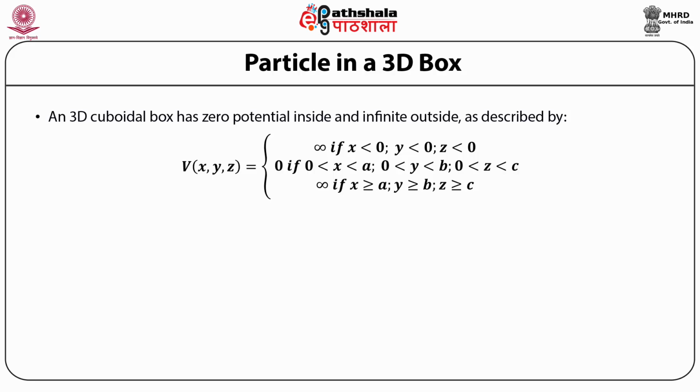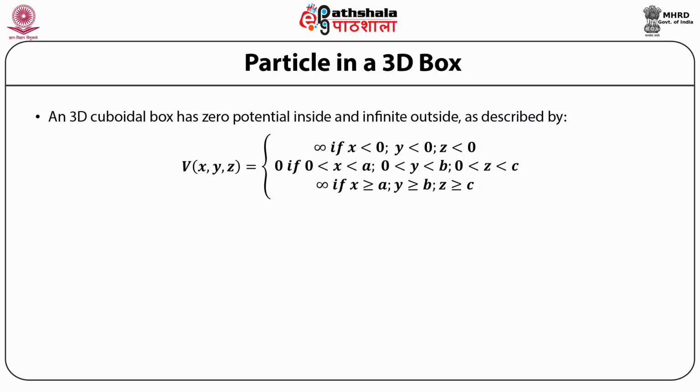So d square psi x by dx square plus kx square psi x equal to 0, d square psi y by dy square plus ky square psi y equal to 0.